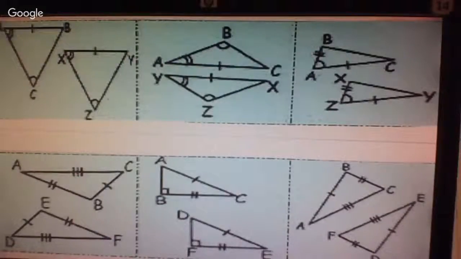Yes, those three, start them off with something different. So like triangle BCA or something.